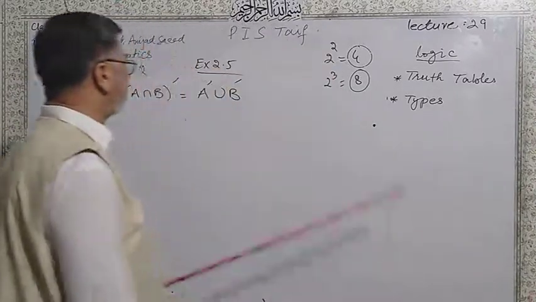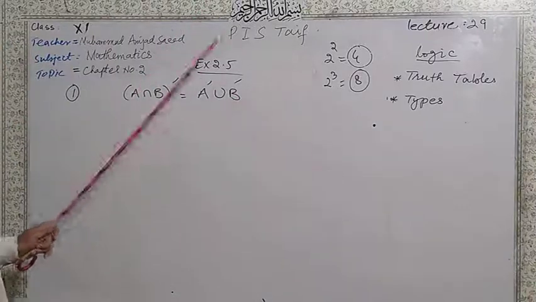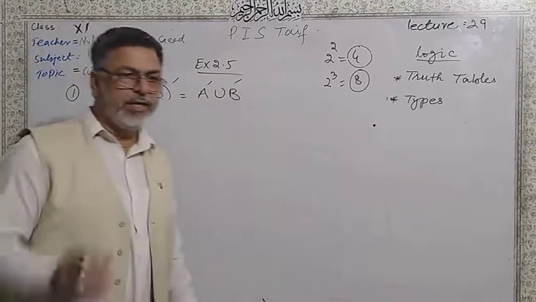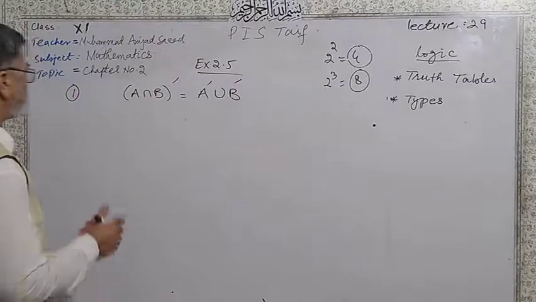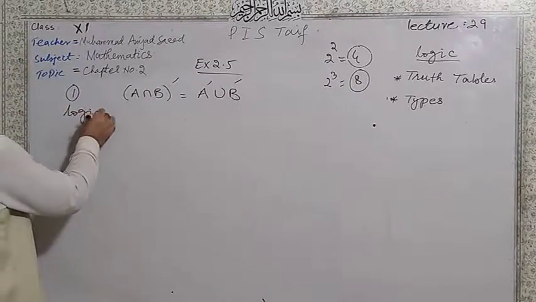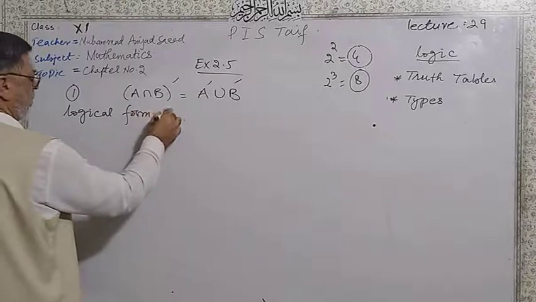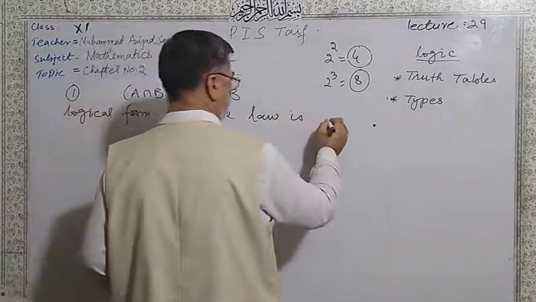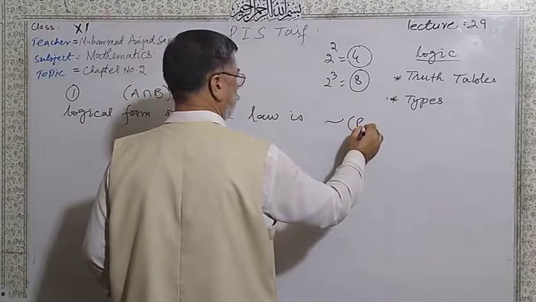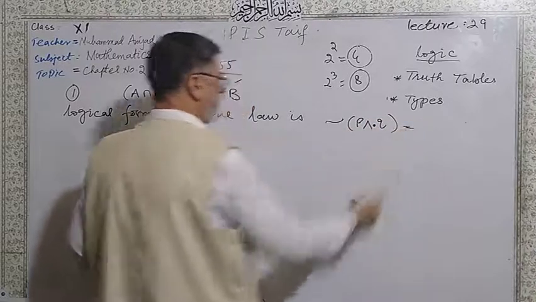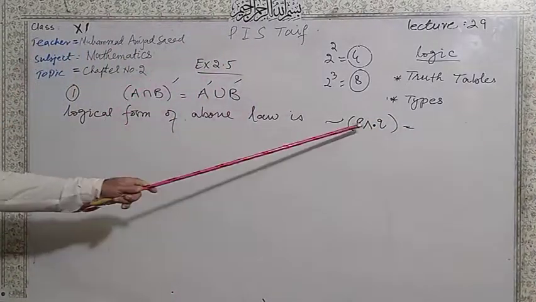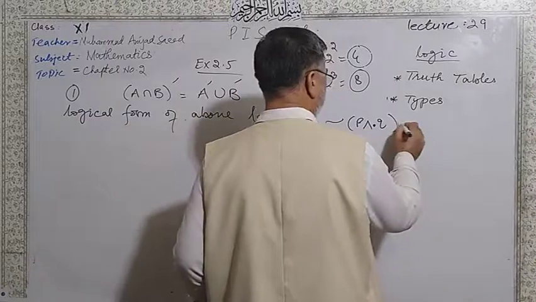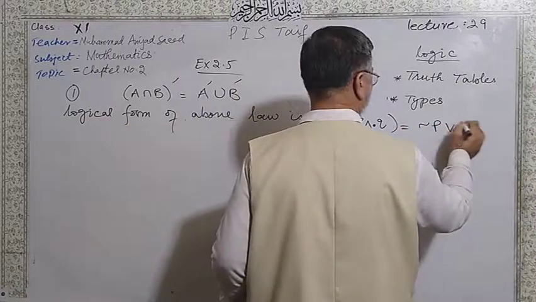Remember that I told you about the sets theory and the logic interaction between them, and I told you that complement is basically related to NOT in logic. The logical form of the above law is not (P and Q). Remember that intersection means and, complement means not. Not (P and Q) is equal to not P or not Q.